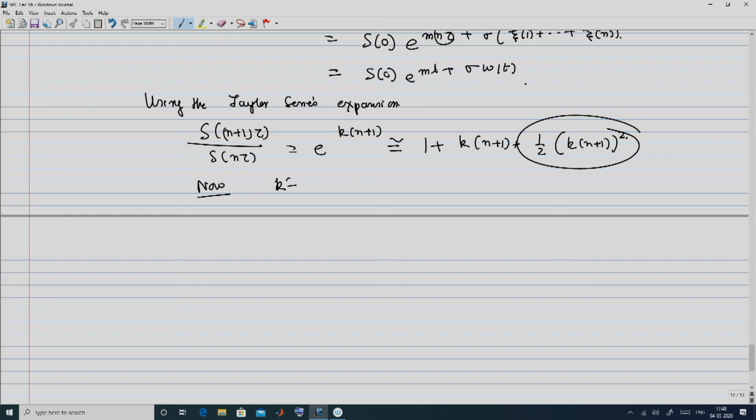Now k of n plus 1 square, what is k of n plus 1? K of n plus 1 is m of tau plus sigma xi n plus 1, whole square.